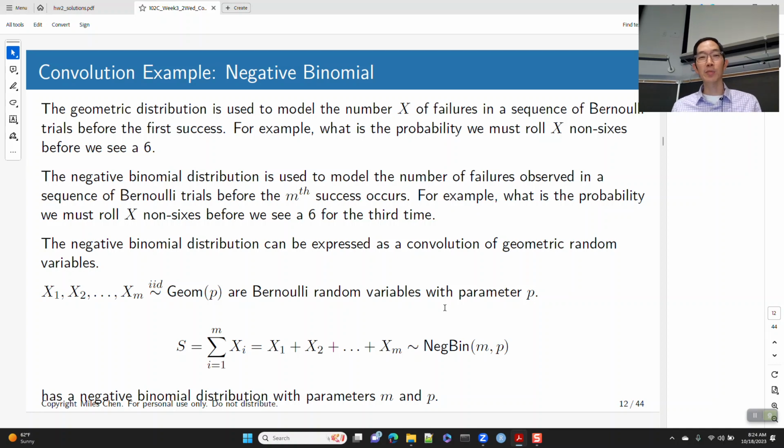So geometric was before we got the first 6, but we can ask, what is the probability we must roll the die X times before we see the 6 a third time? It's kind of like in baseball, where you're out on the 3rd strike.